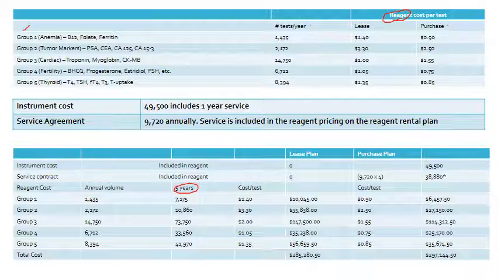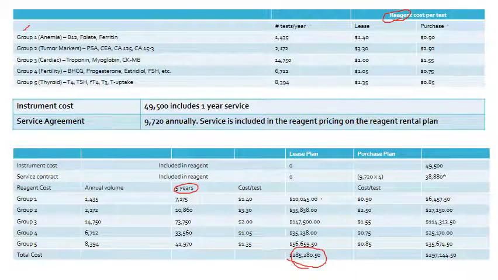The reason we use 5 years is most of the time you can defer the cost of the instrument basically over 5 years, so that makes the most sense. So with the lease plan, you can see we're just extrapolating your annual volume times 5 years times the cost of the test over 5 years, and you can see your lease plan is going to be $10,000 for group 1 over 5 years. Essentially, for all 5 groups, it's going to cost you $285,000 over 5 years.